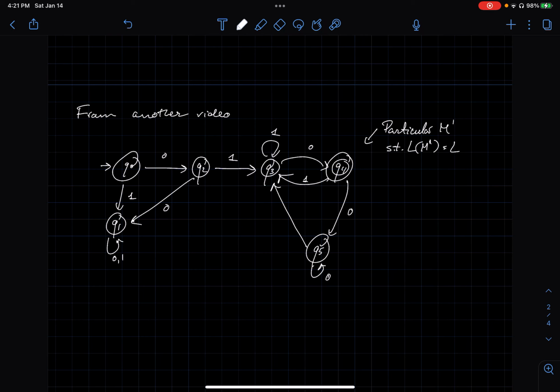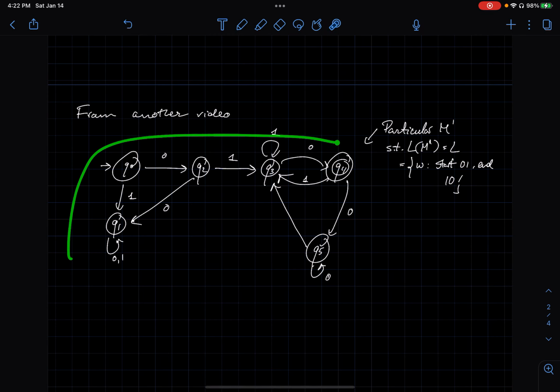And here by L, I specifically mean the strings that start with 0, 1 and end with 1, 0. So this is the particular L I'm referring to, and this is the particular machine I'm referring to. This is my machine M prime.